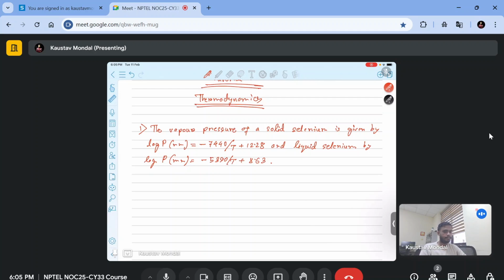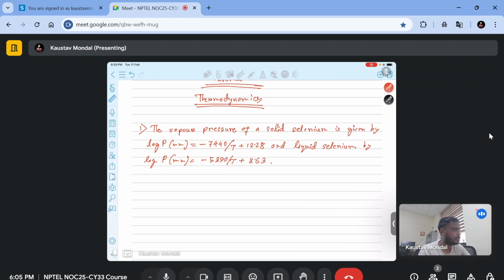So the vapor pressure of selenium in solid state is given by this expression, and for the liquid case the vapor pressure is given by this expression. These are the two vapor pressures at different states.